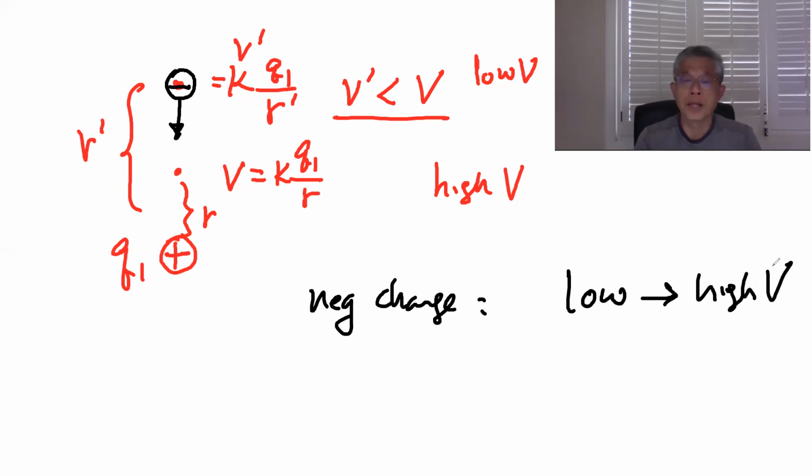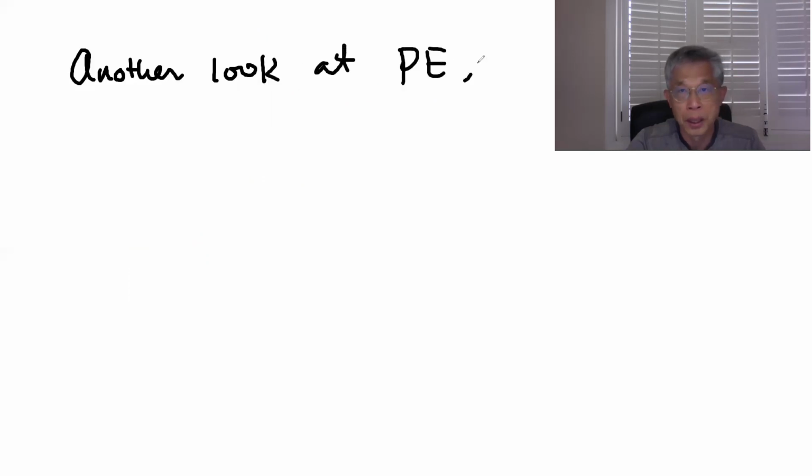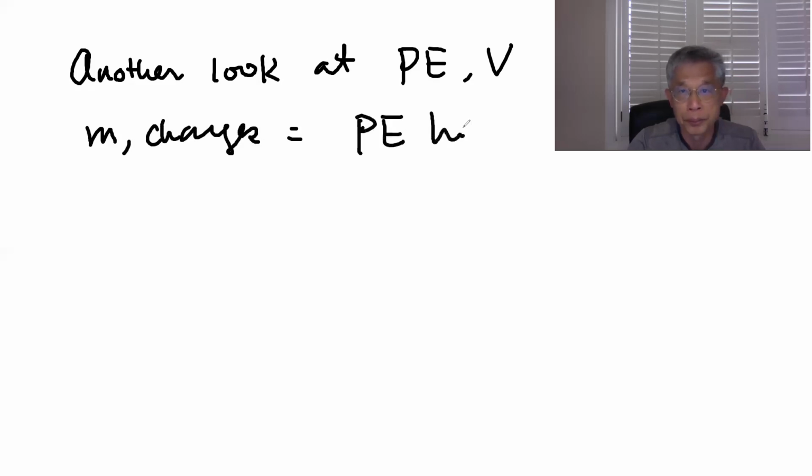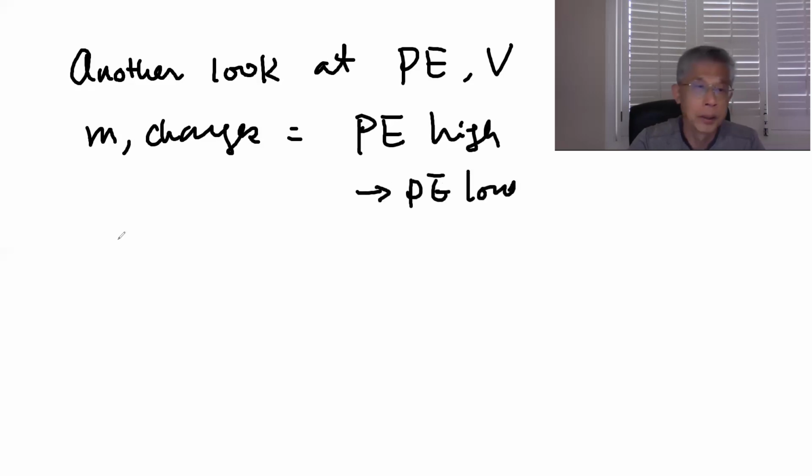So that's important to keep in mind: what's the natural tendency? I call that another look at PE and electric potential. No matter mass or charges, positive or negative, the natural tendency is to go from high PE to low PE.